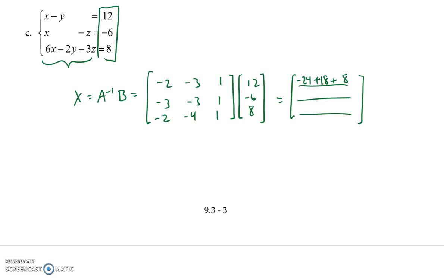Second entry, using the second row, negative 36 plus 18 plus 8. And then using the third row for the third entry, negative 24 plus 24 plus 8.